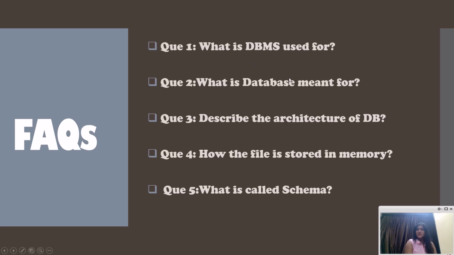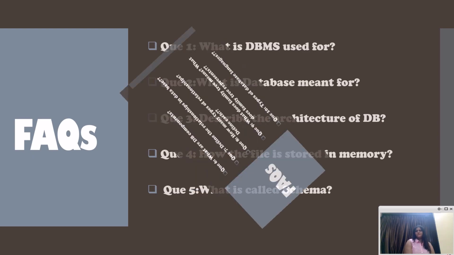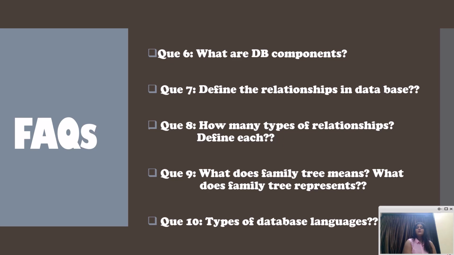What does database mean? As we have seen in our slides, data plus base. Describe the architecture of DB, how a file is stored in memory, and what is called a schema. Schemas are the table level schemas. We have entities, schemas, and all. Here, question 6, what are DB components? As we have seen in our slides.